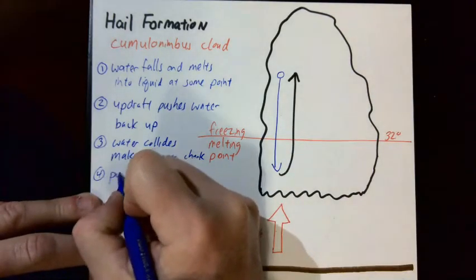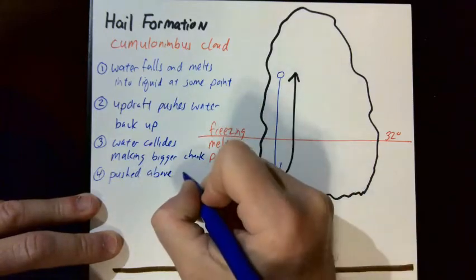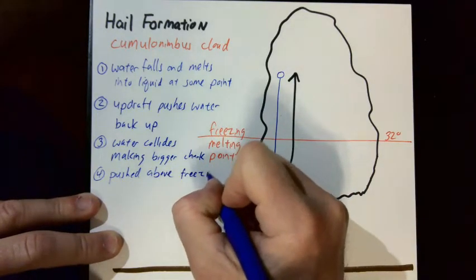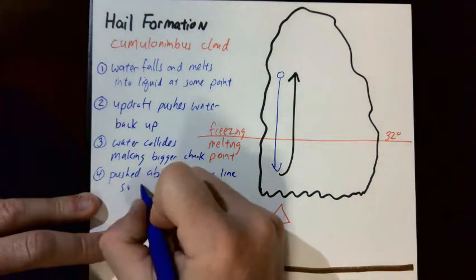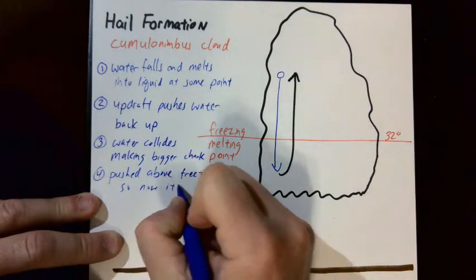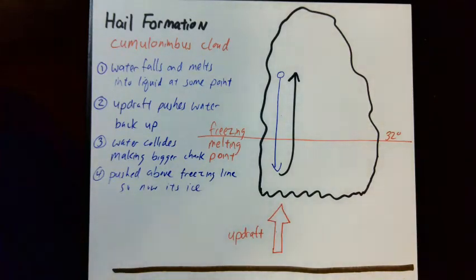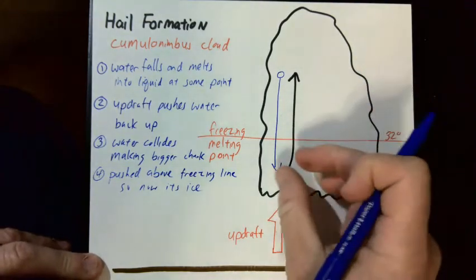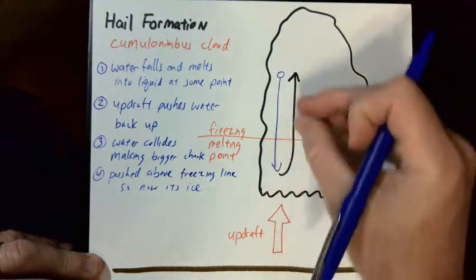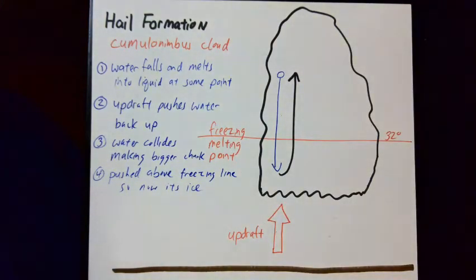So it's pushed above the freezing line. So now it's back to being ice, but it's a bigger chunk of ice because it's not just one raindrop now. It's a bunch of raindrops that have been squished together that now all froze together up here.